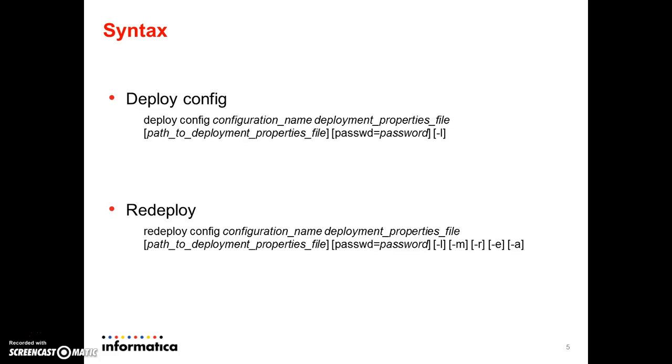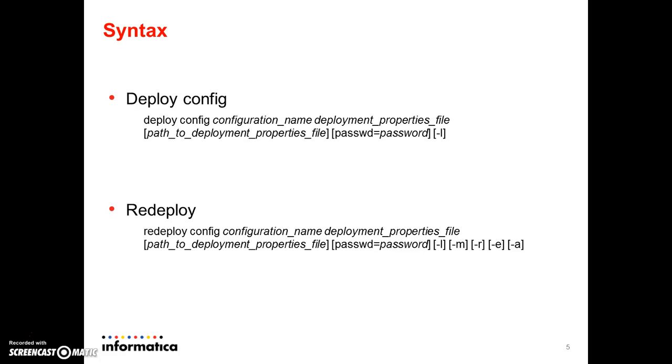Redeploy. This deploys changes to a replication configuration. That is, it deploys only the changes, not the entire config again. Here we have different options like -L, M, R, E, and A. L is local deploy. M deploys only metadata changes. R, runtime settings, deploys only changes in the runtime settings.